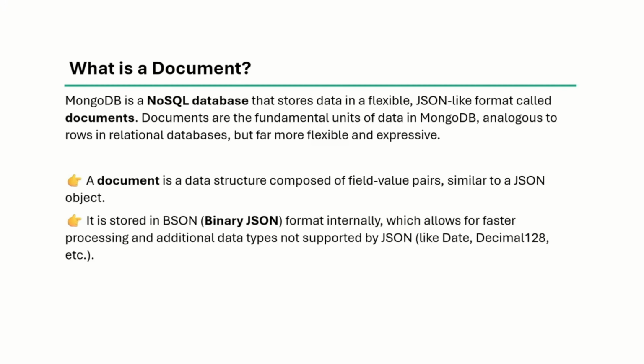A document is a data structure composed of field and value pairs, similar to a JSON object, and it is stored in BSON format internally, which allows for faster processing and additional data types not supported by JSON. So BSON, you can say, is a superset of the JSON data format, because in BSON you have more data types than what is supported in JSON format.